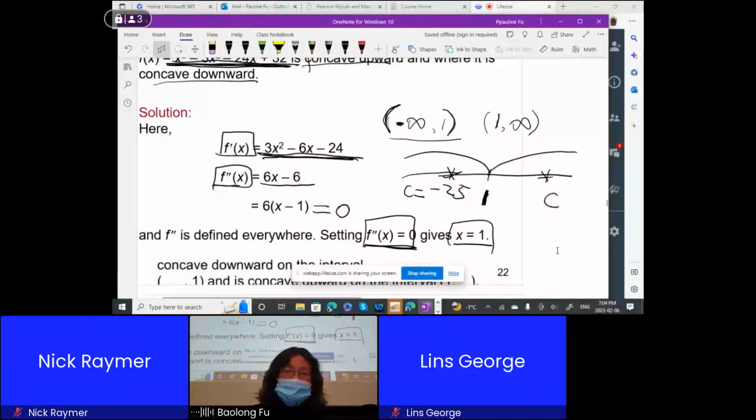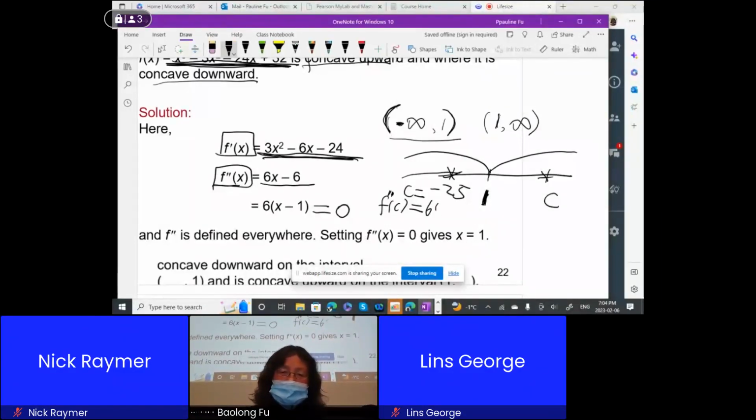And now you calculate f'' at C, the second derivative at C. So the second derivative is 6(x minus 1), right?